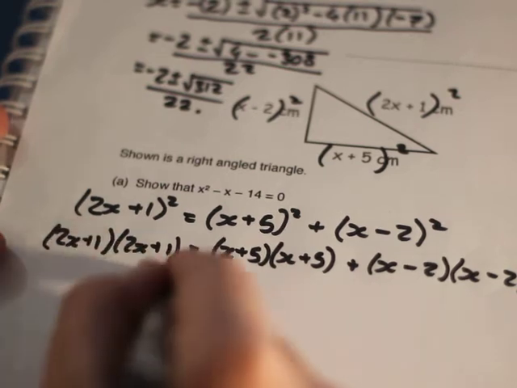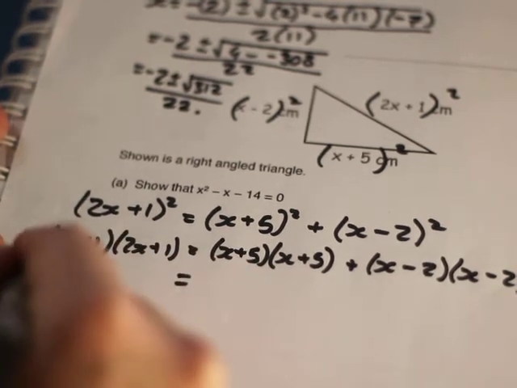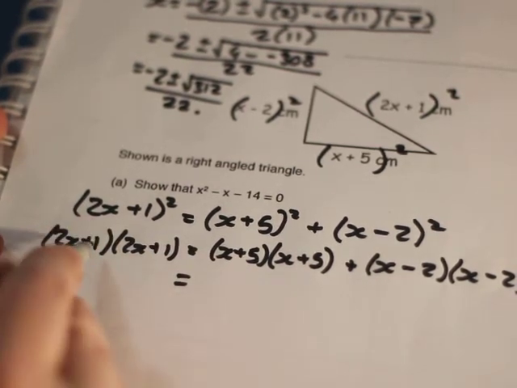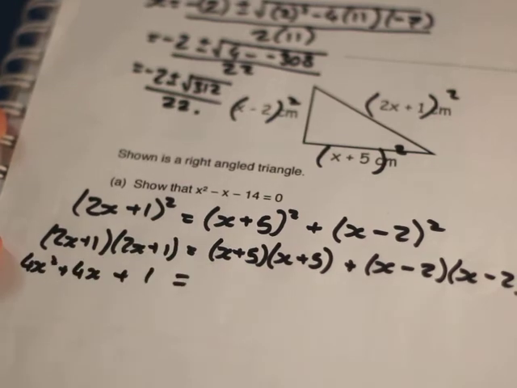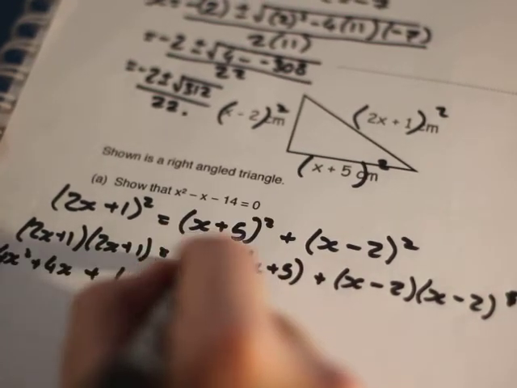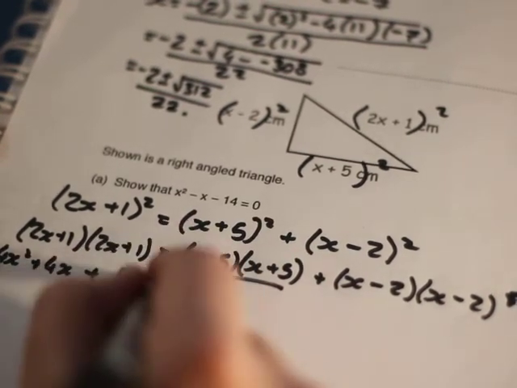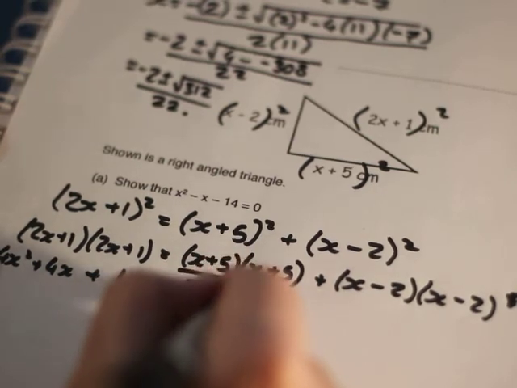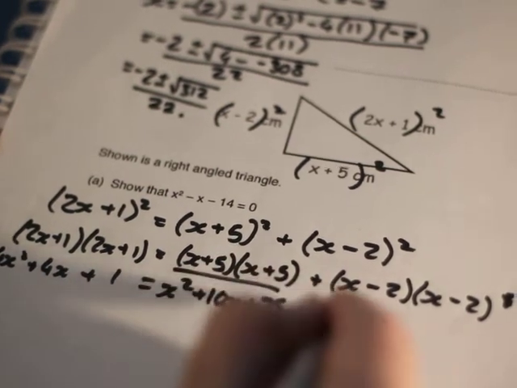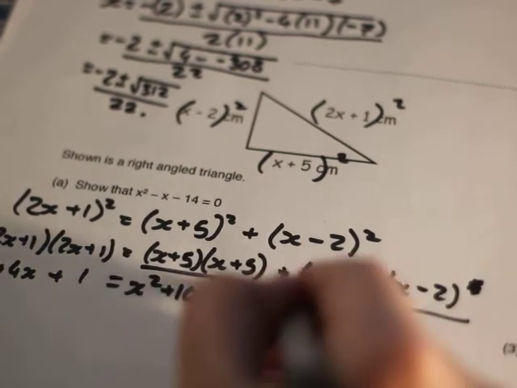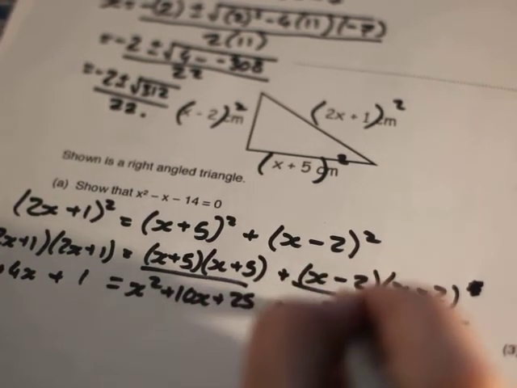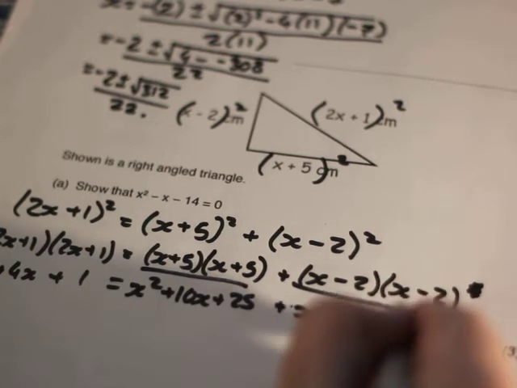So, first bracket: 2x times 2x is 4x squared, 1 times 2x and 1 times 2x, that is 4x, 1 times 1 is 1. This bracket here is x squared plus 10x plus 25. This bracket here is x squared take away 4x plus 4.